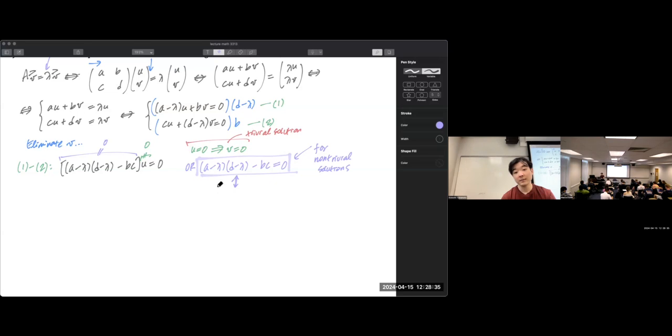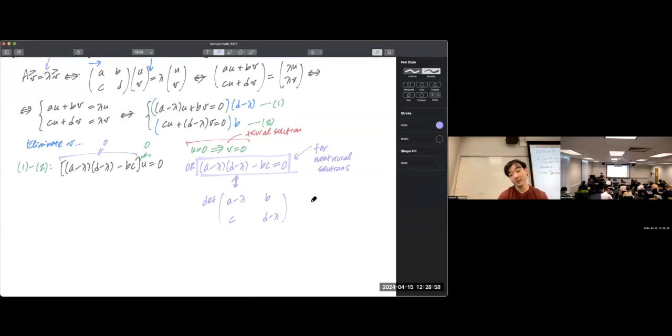People like to shorthand, notice that this right here is the same as the determinant of a minus lambda, b, c, d minus lambda. Based on the definition of determinant, you just multiply these two, and you get this minus the multiplication of these two.